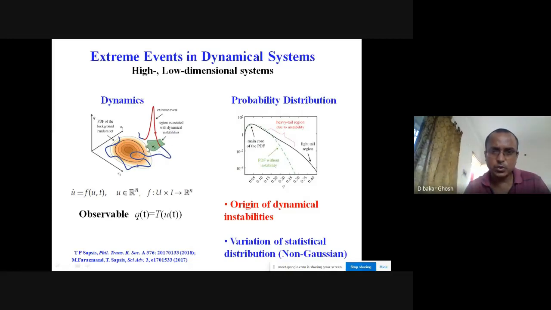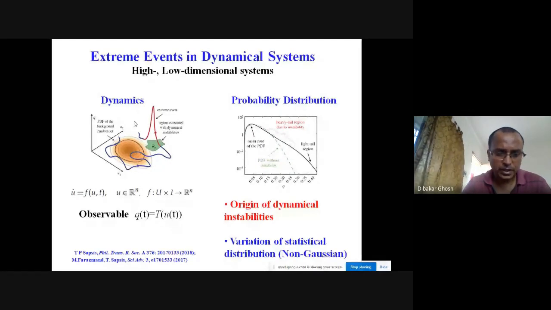But when it comes to this RE region, the region of instability, it will come very close to this. Then the trajectory will go away from this plane, and after a short time, it will come back again to the plane. So this large deviation in amplitude for a relatively short period compared to the regular behavior of the system. But these events are recurrent and seem to occur in several natural and man-made systems.